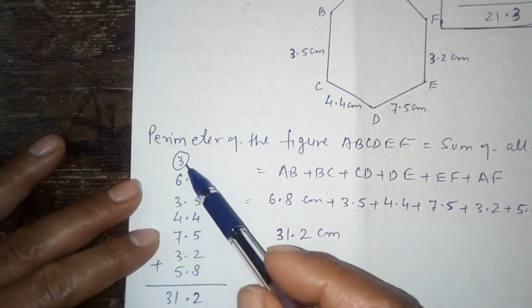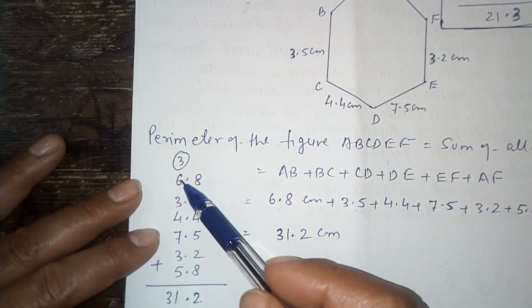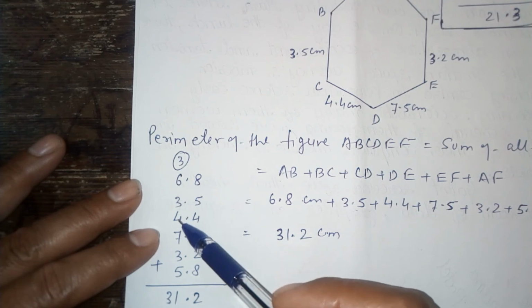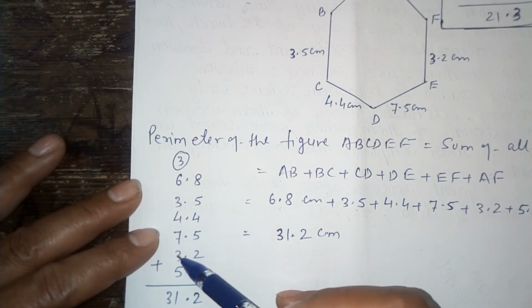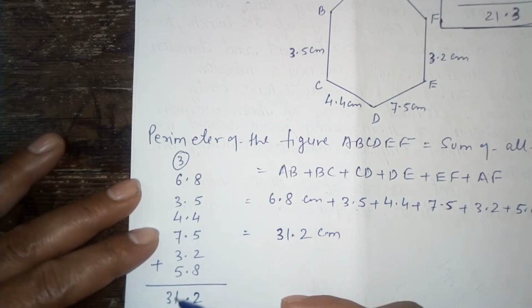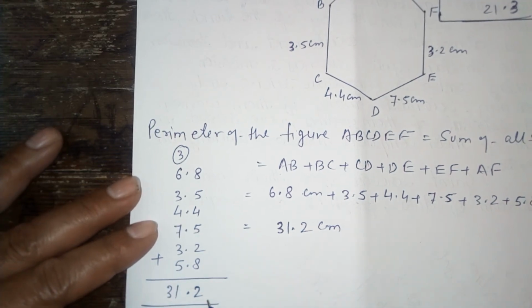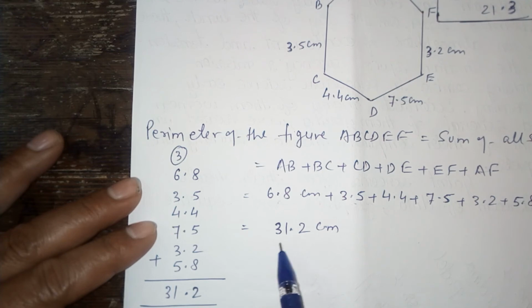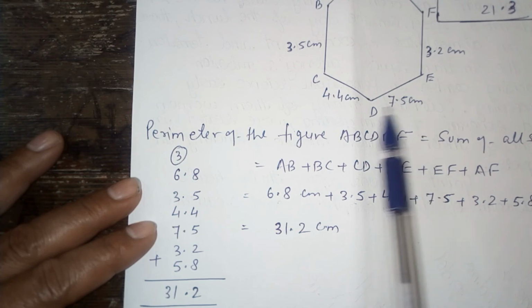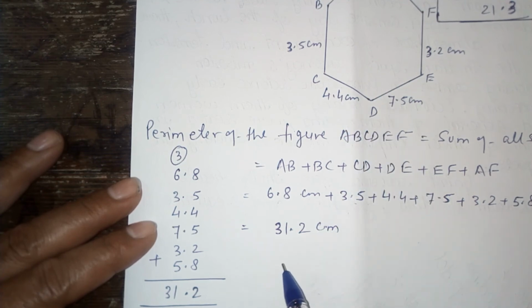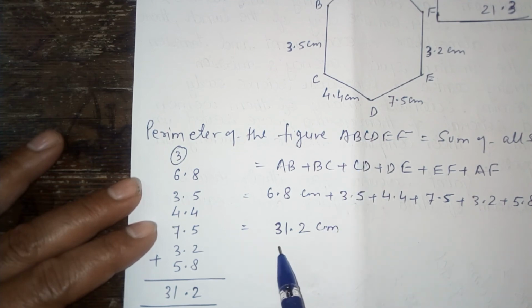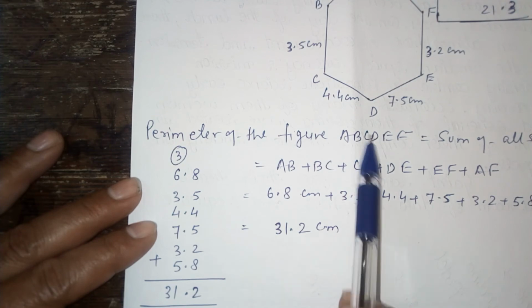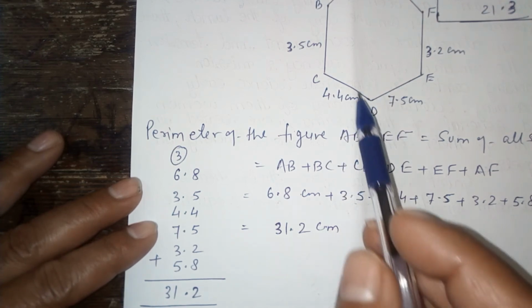This is 2, carry over is 3. 3 plus 6 is 9, 9 plus 3 is 12, 12 plus 4 is 16, plus 7 is 23, plus 3 is 26, plus 5 is 31. So 31.2 centimeter. 31.2 centimeter is the perimeter of the given figure. 31.2 centimeter is the required answer for the given figure.